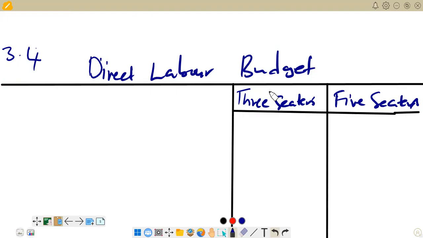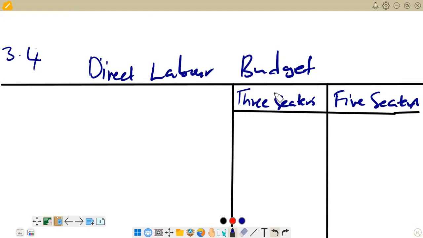Total hours is units to be produced times direct labor hours per unit. Then we check the cost per labor hour and multiply it by the total hours. Then we get our answer, which is the total direct labor cost.